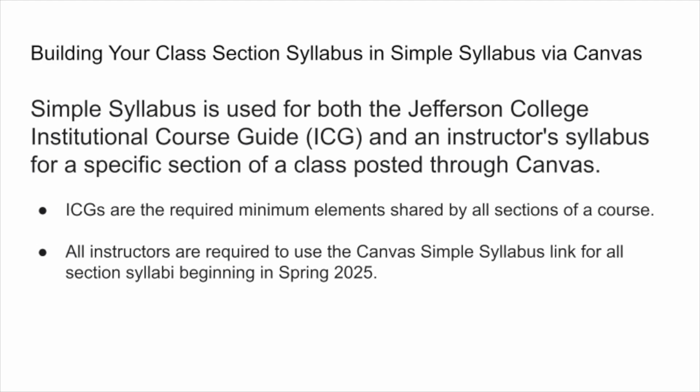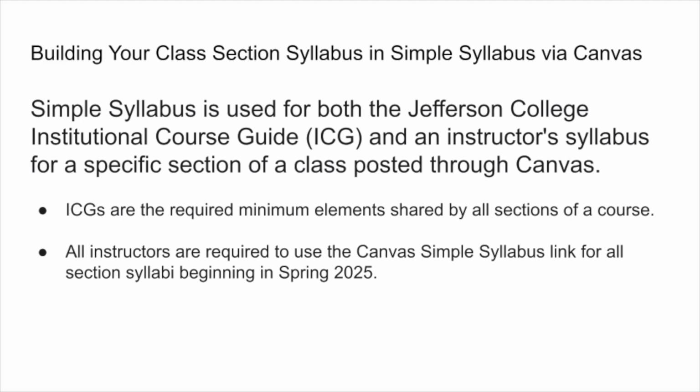So every section of a course, for example, has the same catalog description. An instructor's syllabus for a specific section of a class is going to include all of the elements from the ICG, but will also include some unique elements to that particular course, such as the instructor's contact information, the calendar for the class in terms of class meetings and assignment due dates, things like that.